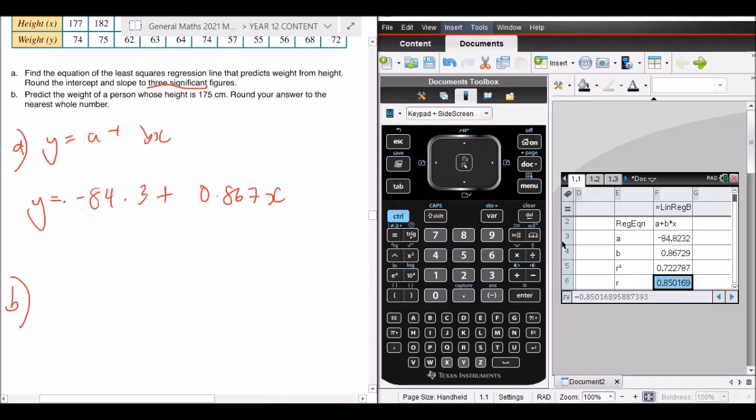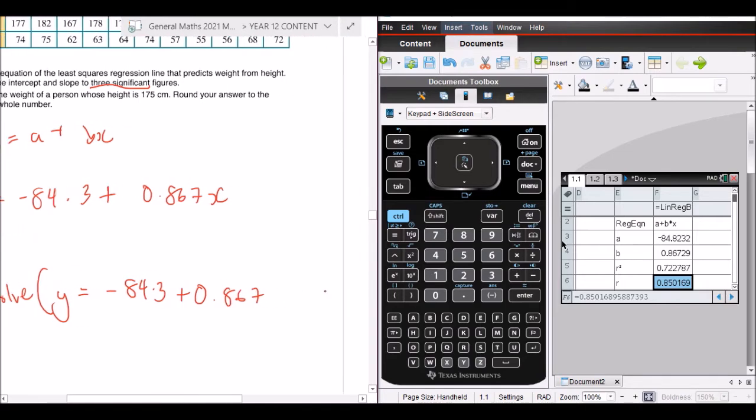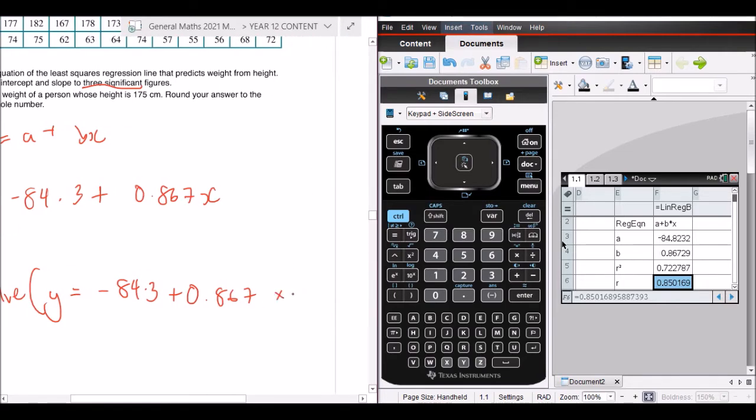So what's the weight, which is the RV, if the height was 175? In your calculator, you'd go solve y equals negative 84.3 plus 0.867 times 175, comma y, because I'm looking for the y variable here.